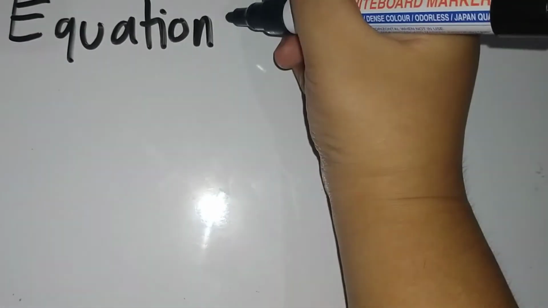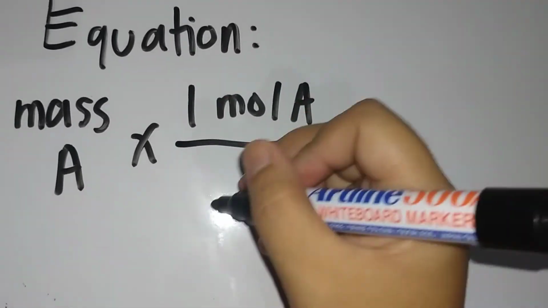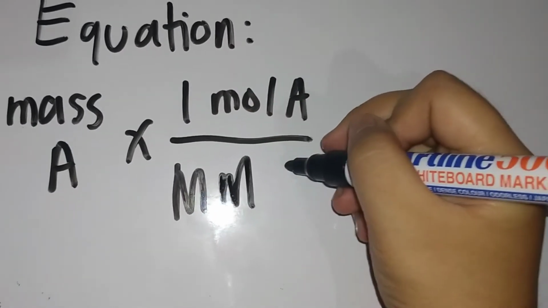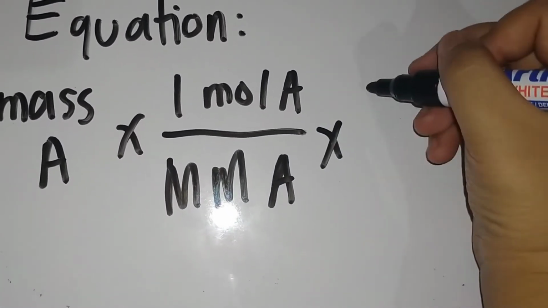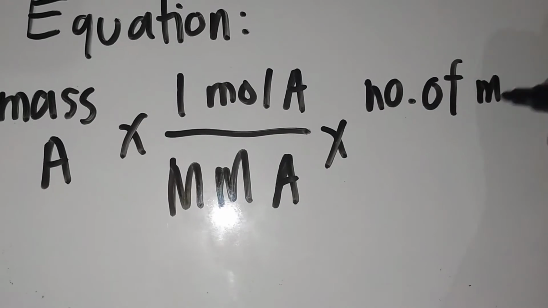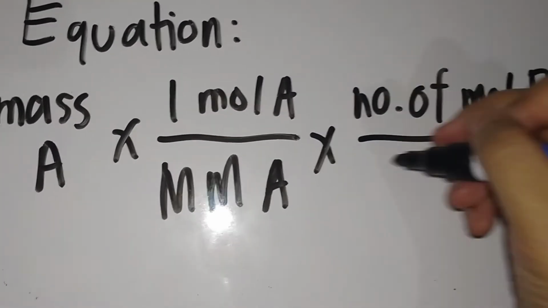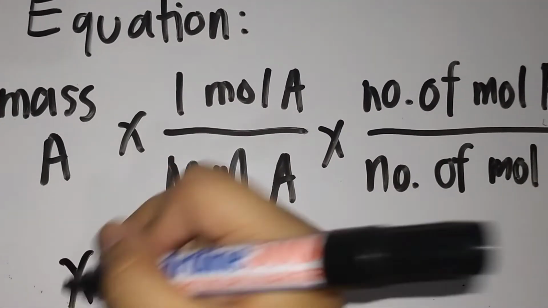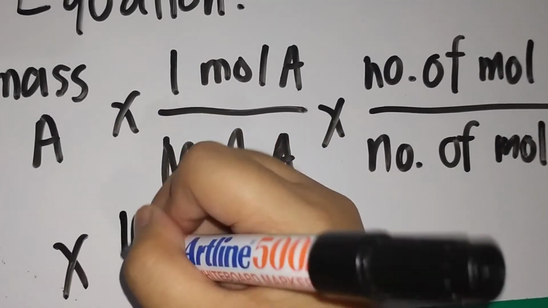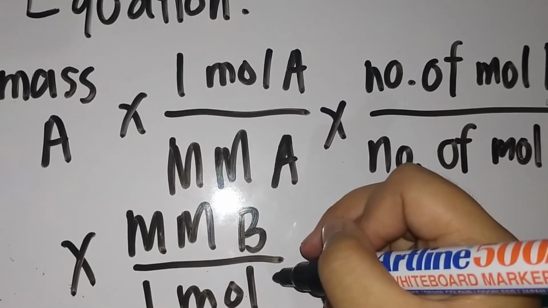Here's the equation we're going to use: mass of substance A multiplied by 1 mole substance A divided by molar mass of substance A, multiplied by number of moles of substance B divided by number of moles of substance A, multiplied by molar mass of substance B divided by 1 mole substance B.